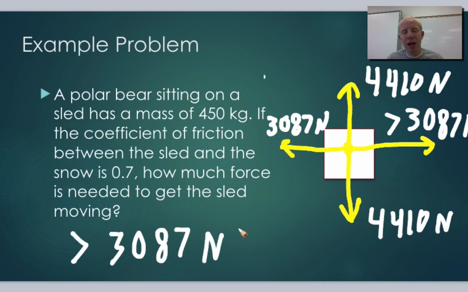Oftentimes in physics, this is kind of a weird convention, but we assume that if you put 3,087, it means greater than in this type of problem. So you can just say 3,087 newtons. It's kind of a weird convention, but that's also the correct answer. Basically, once you get past 3,087 newtons, then you start moving. All right, so there we go.